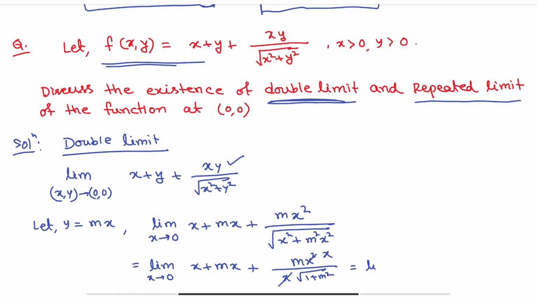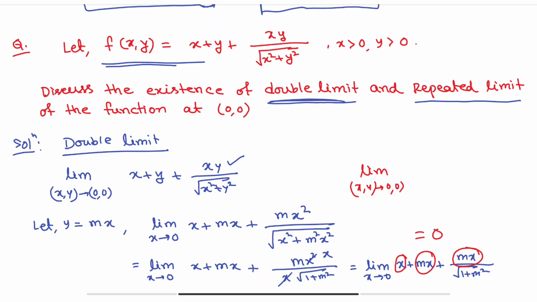So this is equal to limit x tends to 0, x plus mx plus mx by root over 1 plus m square. Now as x tends to 0, this will be 0, this will be 0, and this portion will be 0. That means the limiting value is 0. So we can say that the double limit exists and the double limit is 0. Limit x comma y tends to 0 comma 0, f of x comma y equals 0. Obviously this is the double limit.